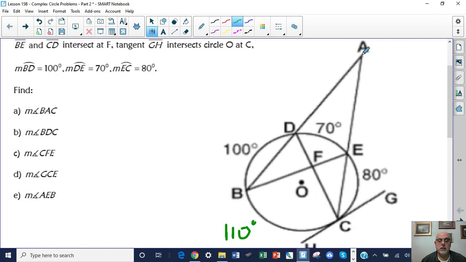When you have an angle formed by two secants intersecting, the measure of that angle is the large arc down here at 110 minus the small arc at 70, and then divide by 2. So 110 minus 70 is 40, divide by 2. So angle A is 20 degrees. Angle BAC is 20.